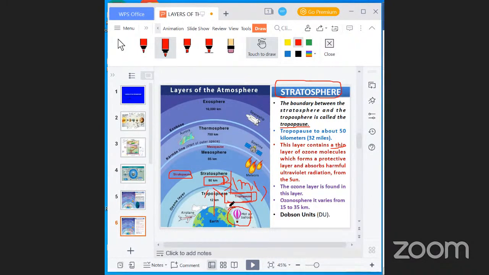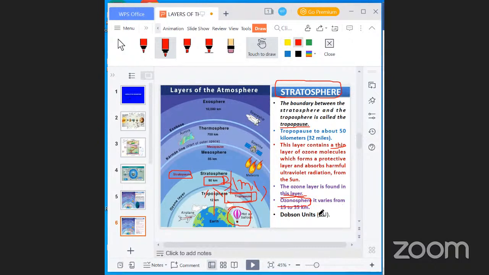The ozone layer is found in this layer. It absorbs ultraviolet rays and safeguards us from harmful radiations. The lower stratosphere is the ozonosphere. What is that? Ozonosphere. And what is the altitude of this ozonosphere?